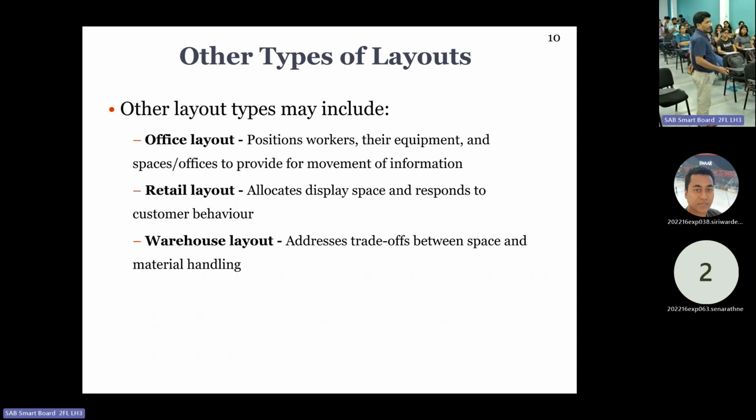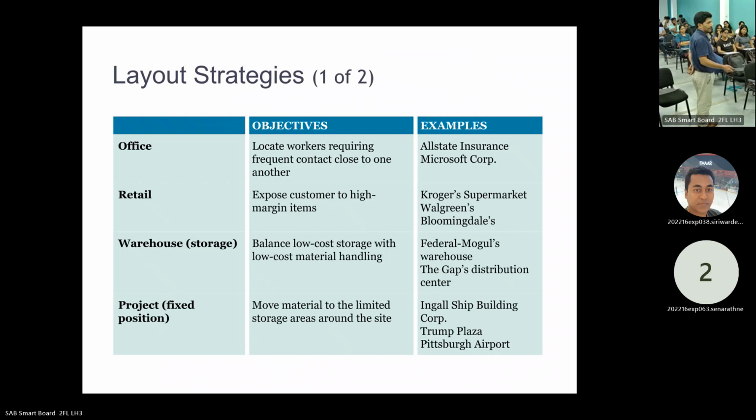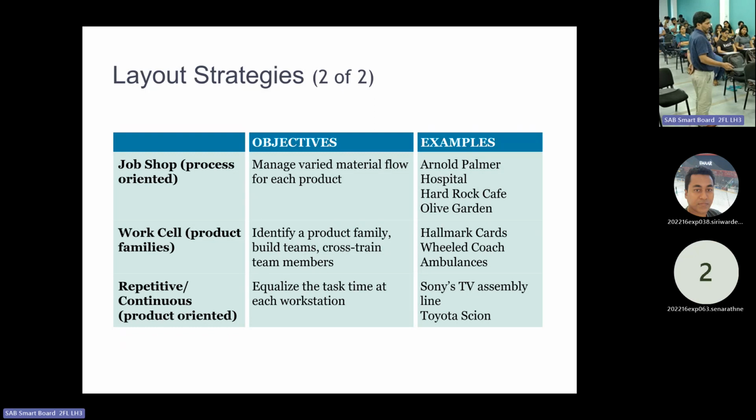Slides number 11 and 12 give you a little more detail about their objectives, with some interesting examples. I have taken this from a textbook. And then the other three: fixed position, job shops, product oriented, and hybrid.